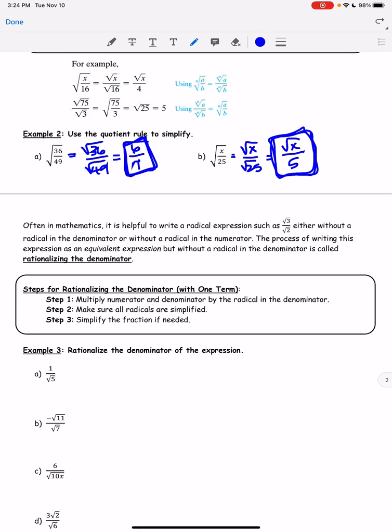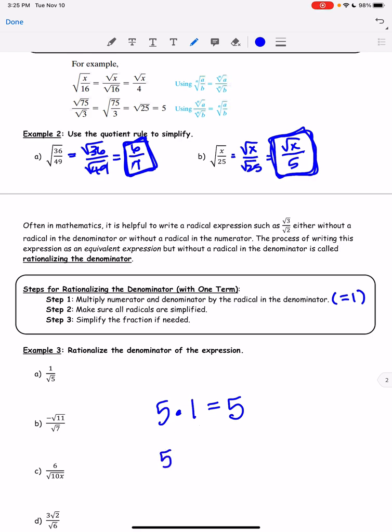When you do this, because you're multiplying the top and the bottom of your fraction by the same thing, that means that this right here is going to equal 1, right? So if I have 5 and I multiply it times 1, that doesn't change its number. I can change the way that this 1 looks though, right?